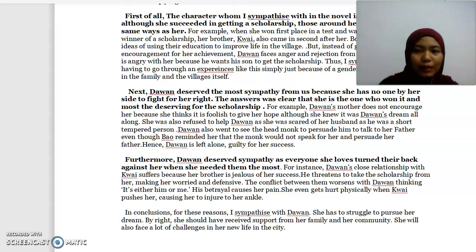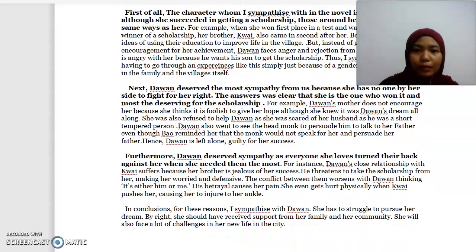So please do not spend too much of your time on the introduction and conclusion. Keep it simple. One or two sentences is enough. For the three ideas that you want to share, state the main idea, your example or the evidence that you found in the novel, and maybe a short conclusion, like in the second paragraph, hence she is left guilty for her success.